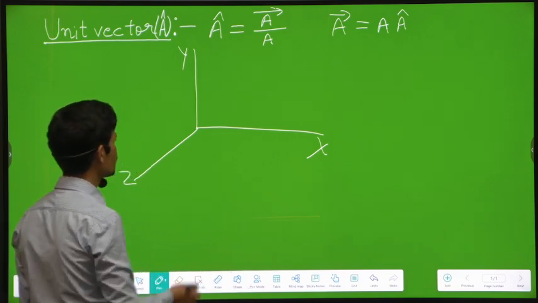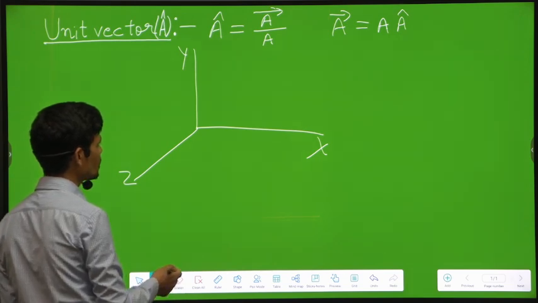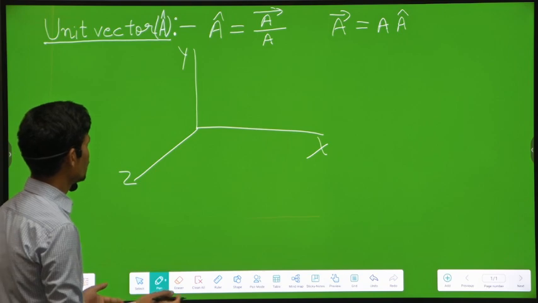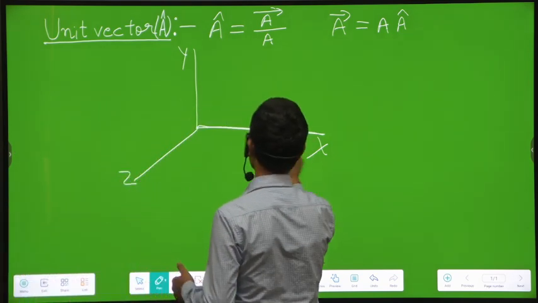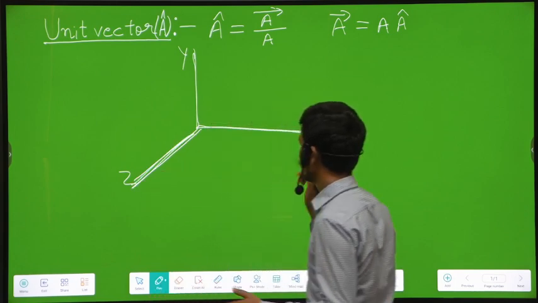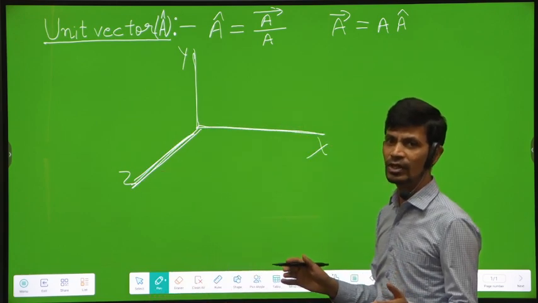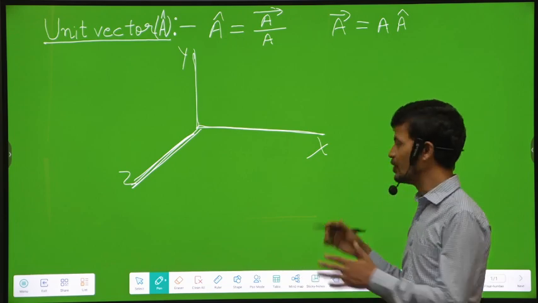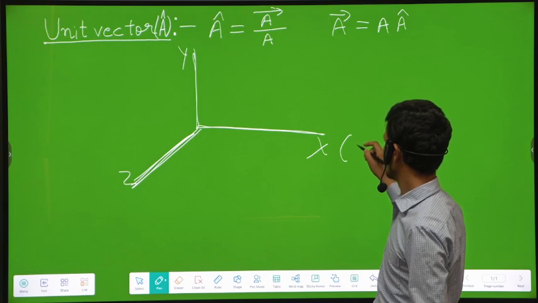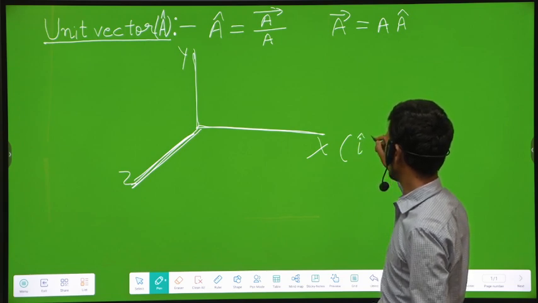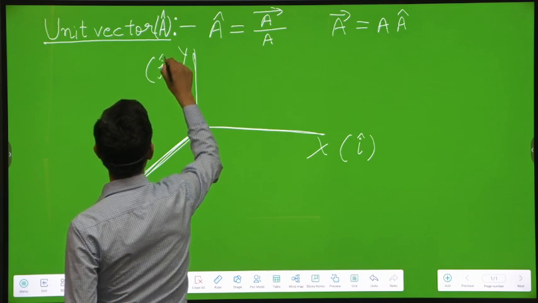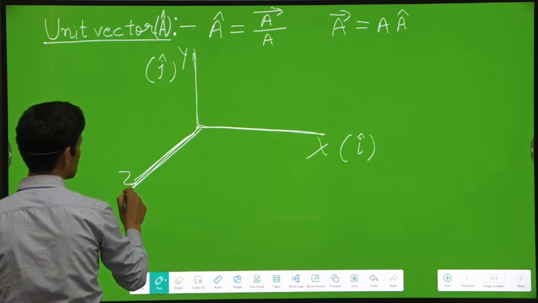So here what we are going to explain is, because these are some fixed directions, x-axis, y-axis and z-axis, we have associated 3 unit vectors with them. So along the x-axis the unit vector is i cap, along the y-axis the unit vector is j cap, and along the z-axis the unit vector is k cap.